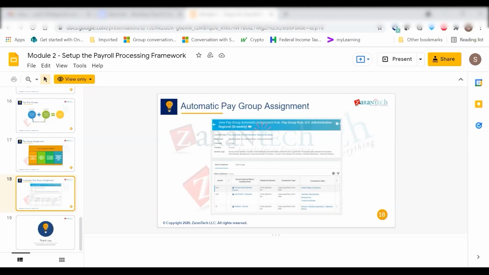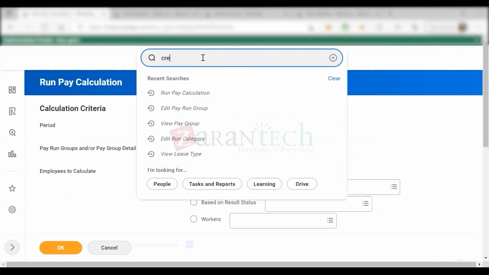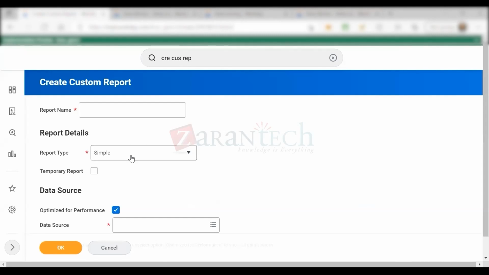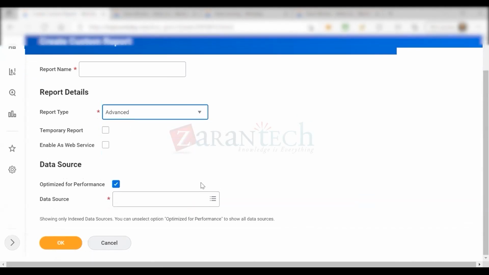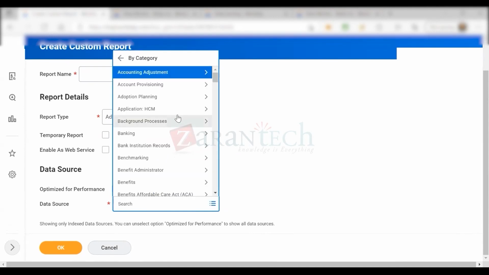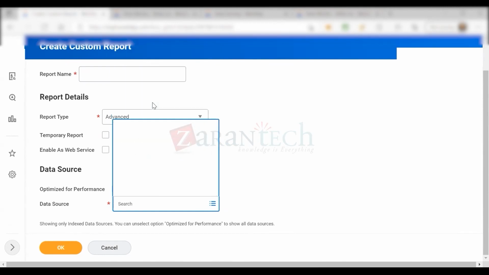Let's see that. I just read the notes. I never tried to create a custom report. Okay, advanced, and data sources: company, state, state local. Okay.